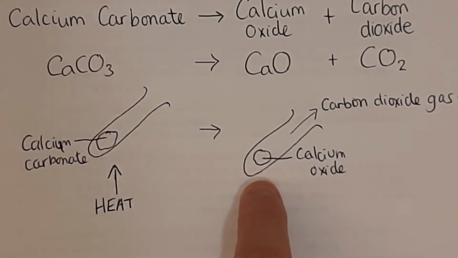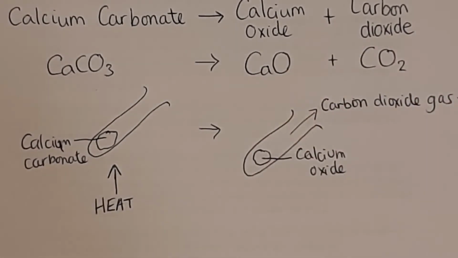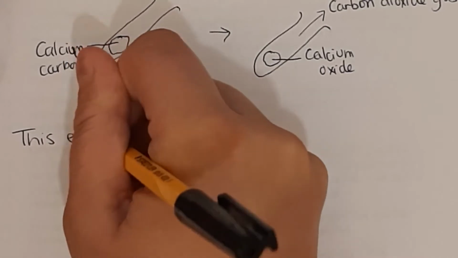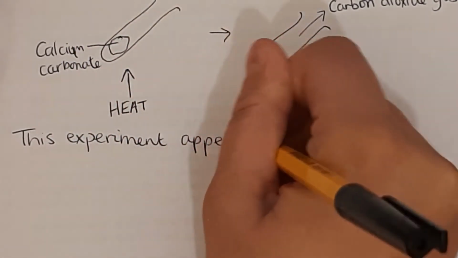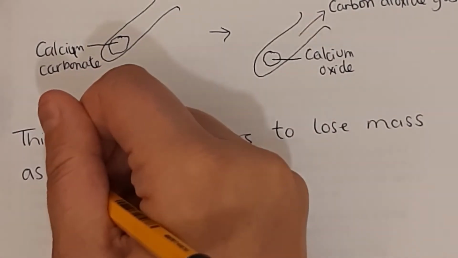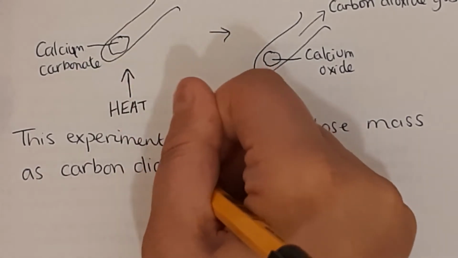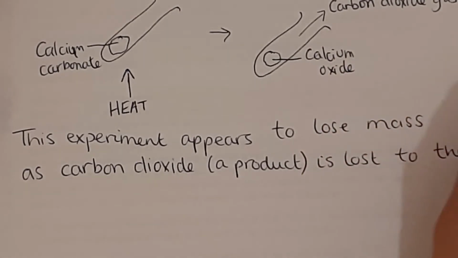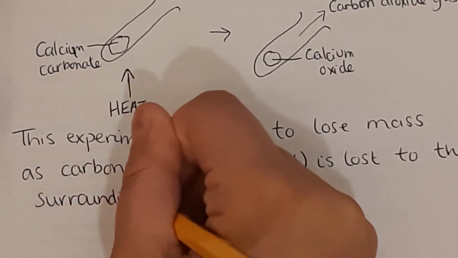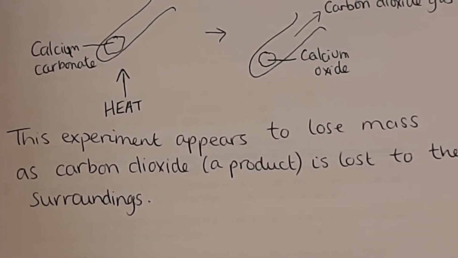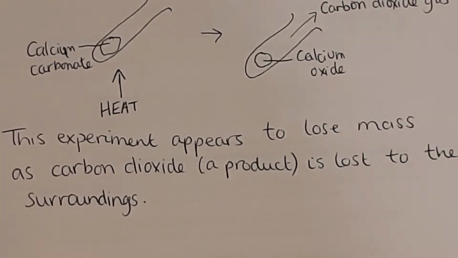So we re-weigh this afterwards, it has lost mass. Okay, I'm going to write a sentence to explain this. Okay, so this experiment appears to lose mass as carbon dioxide, a product, is lost to the surroundings.